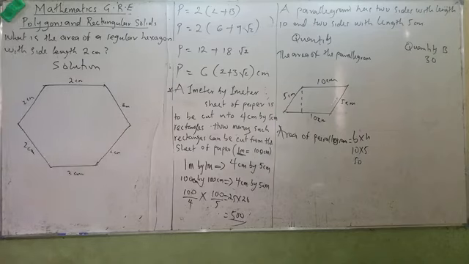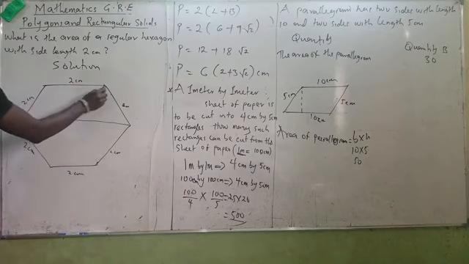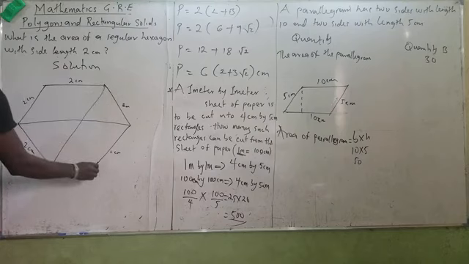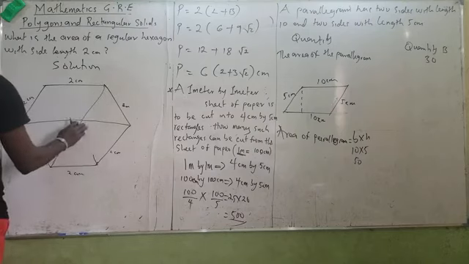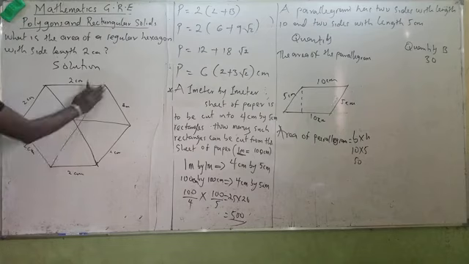Now, what will I do? I will go by diagonal. Look at this. This is a diagonal, and this is a diagonal. I think I have to do something about this.